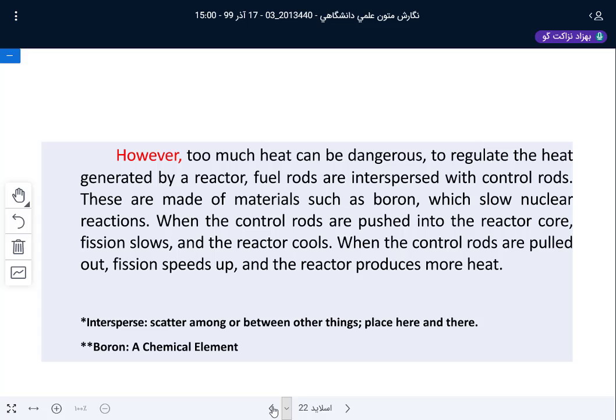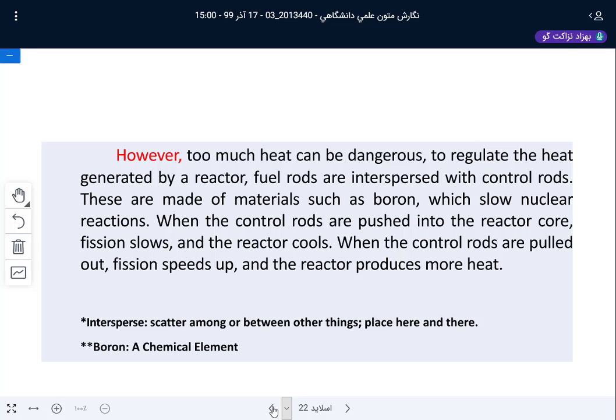This is the second one. However, we use a transition, and this signaling word helps us to move from the first paragraph to the next paragraph without any pause. We move smoothly from the first paragraph to the next paragraph. However, too much heat can be dangerous. To regulate the heat generated by the reactor, fuel rods are interspersed with control rods.